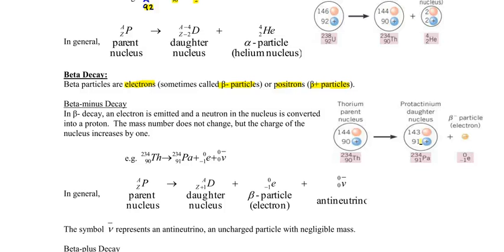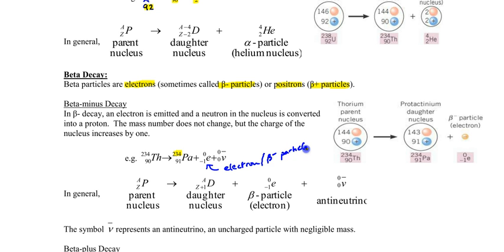Not to get into much detail here, because really you don't even need to know these to be able to come up with these decays. I'm just giving you a little bit of background on this. But again, look at the equation. If you look at the equation below, notice the daughter nuclei has 234, and then this is, by the way, an electron, or what we call a beta minus particle.